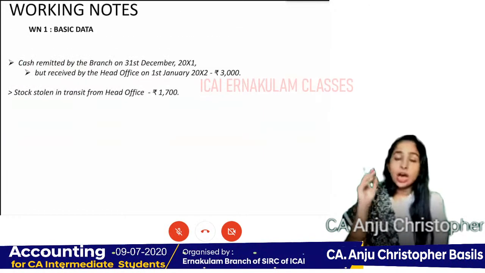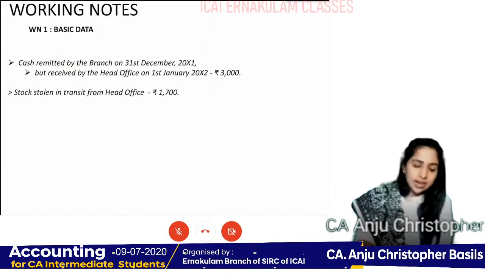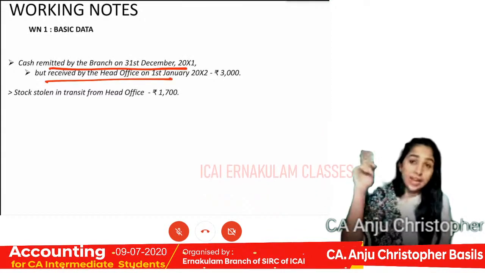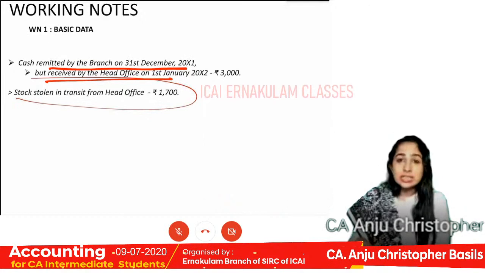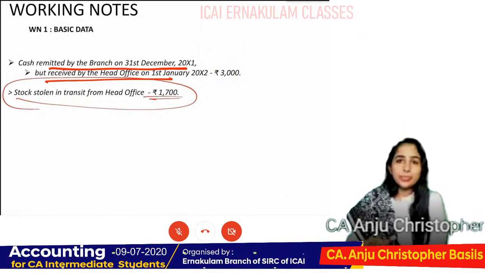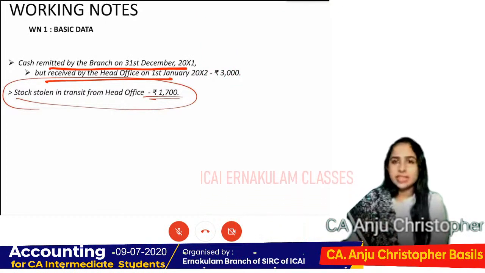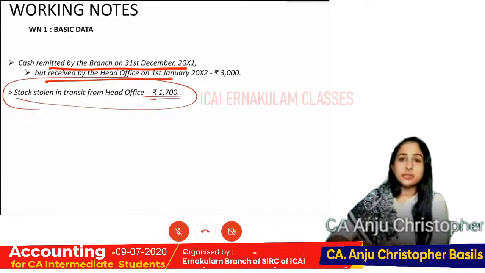Okay. So now over to the basic data. Just a few data required. One is cash remitted by branch on 31st December but received by HO on 1st January. And also the stock stolen in transit from head office, which is 1,700. Okay, just these two data are required. All others are in the table itself. So just two data would be more than sufficient. Just take it down, students.